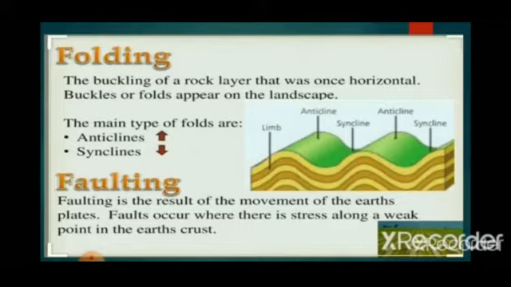Now let's see what folding is and what faulting is. First one is folding. Folding is the buckling of a rock layer that was once horizontal. Horizontal means like a flat one. Buckles or folds appear on the landscape.